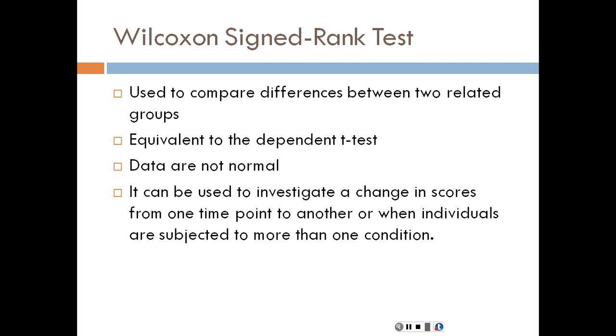So for instance, if I'm looking at a change in their scores over the course of the school year, maybe over 3 time periods, I'm going to look at their scores at the beginning of the school year, again at the middle of the school year, and again at the end of the school year.